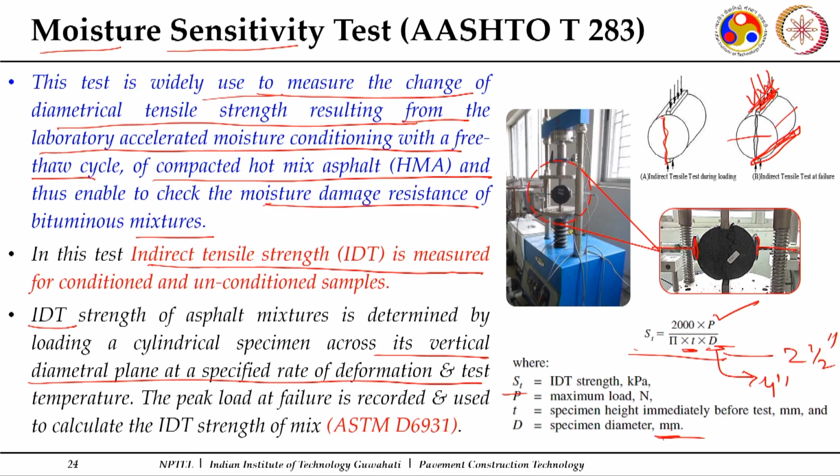Here it has to be given in mm: around 101 mm for the diameter, and the thickness may vary from 50 mm to 60 mm. So this gives you the indirect tensile strength of a compacted specimen.